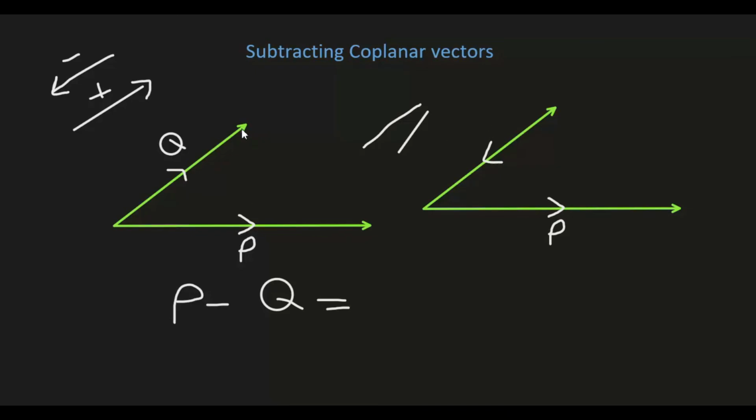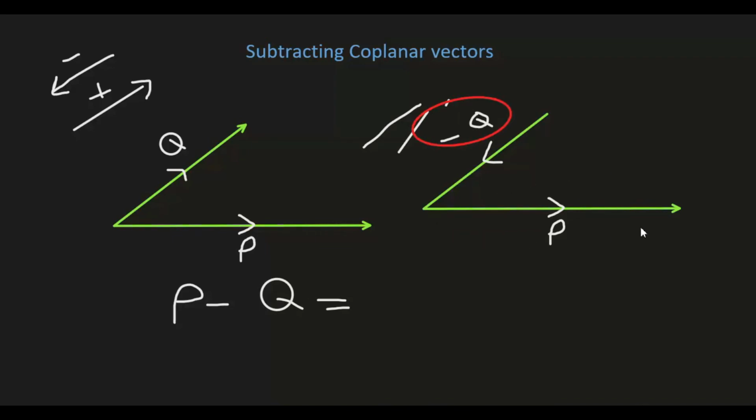I'm not increasing or decreasing the length, so the magnitude is the same, but the thing I change is the direction. At first it was in this direction, but now I'm changing the direction to this, so I can say that this is minus Q, right? This is minus Q.